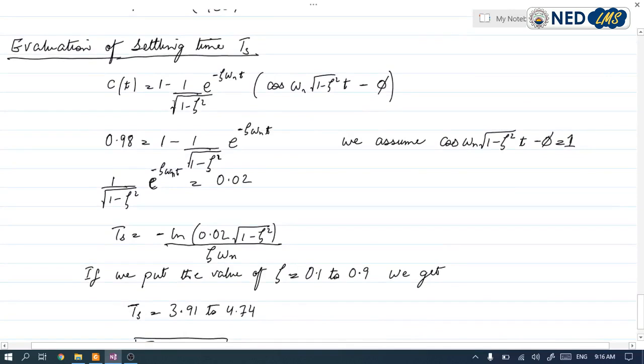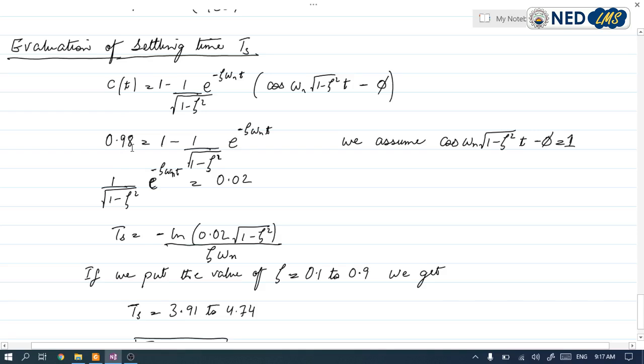This is the formula of our general second order equation, and we know that the settling time, by definition, is the time when the output approaches and stays within 2% of the final steady state value. If the final output value is 1, here I put 0.98, which is basically -2% of our final value.